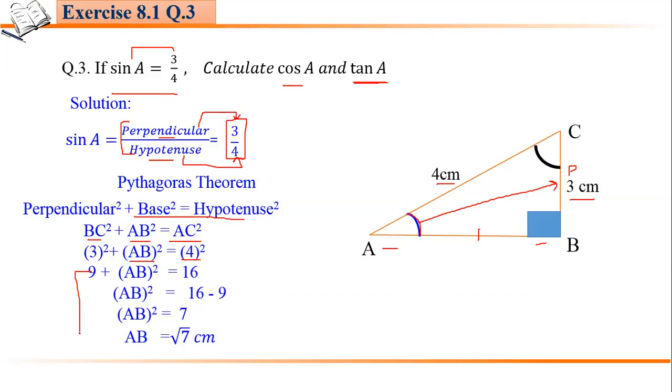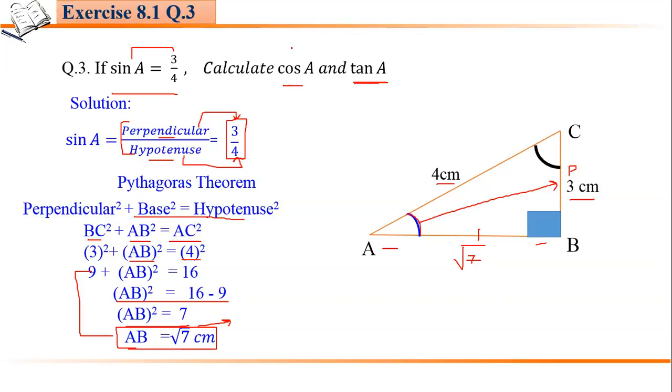When you calculate this, you will get AB square is equal to 9, or AB square is equal to 7, or AB is equal to root 7. You need not calculate this value in decimals; you will leave it as such. You can leave the value as root 7 only. So here we got that the value of AB is root 7.